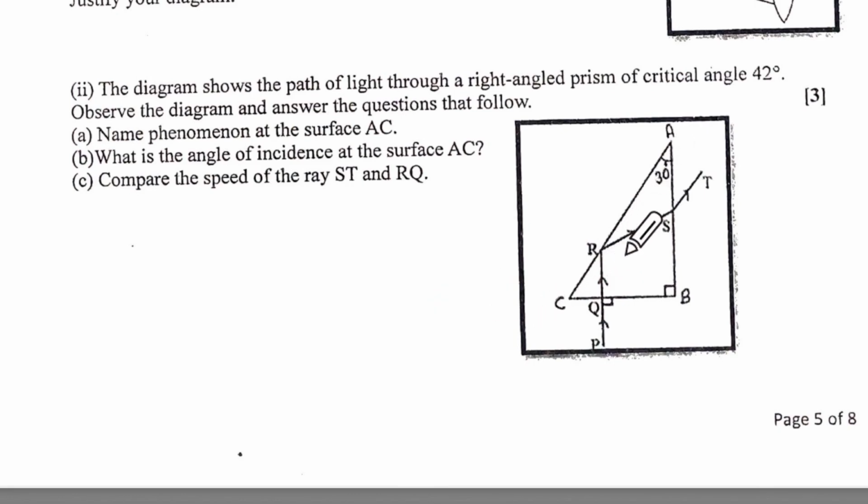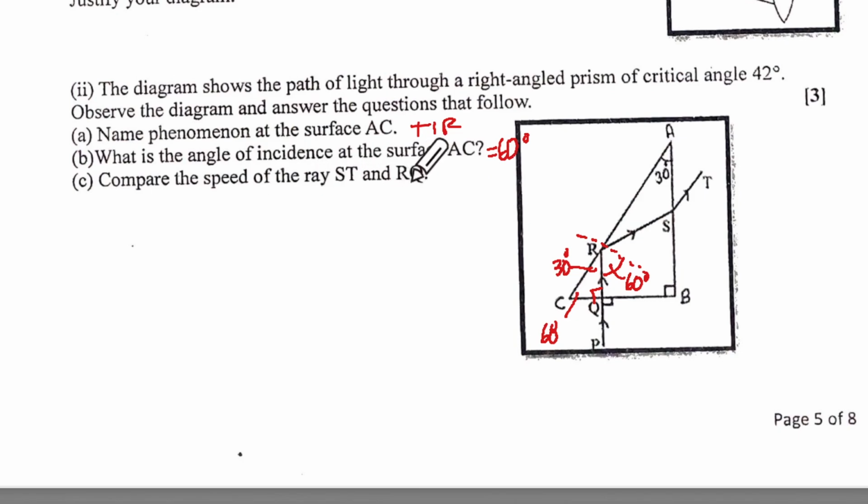AC is total internal reflection. Yeah. What is the angle of incidence at AC? So you will show this and this one. This is 30, so this will be 60. This is 90, so this will be 30. So this angle of incidence is 60 degrees.